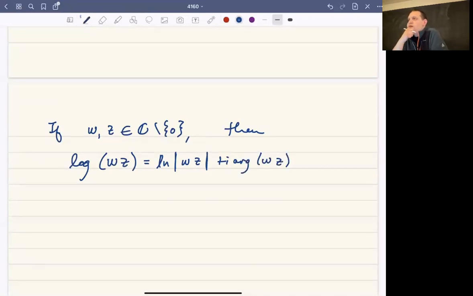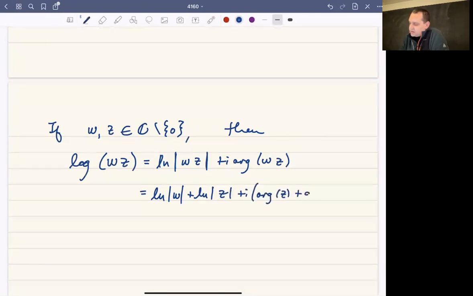And we know a few things about the modulus and a few things about the argument. And so this is going to turn out to be the natural log of the modulus of w plus the natural log of the modulus of z plus i times the argument of z plus the argument of w. You know that when you multiply two complex numbers, you add the angles, right? You add the arguments, and that's basically what we just said there.